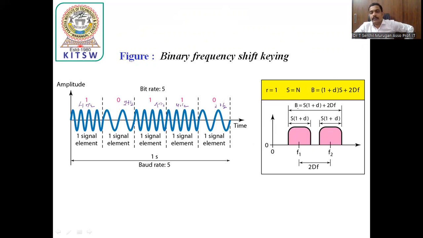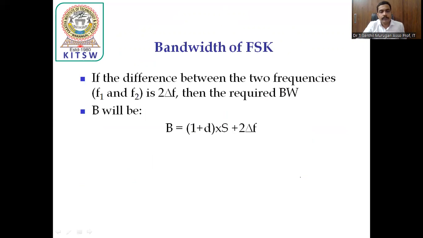We already know that bandwidth equal to S into (1 plus D). But here, we are using two frequencies. For this frequency, S into (1 plus D), and for this frequency, S into (1 plus D). Finally, we are calculating 2 delta F for these two frequencies.